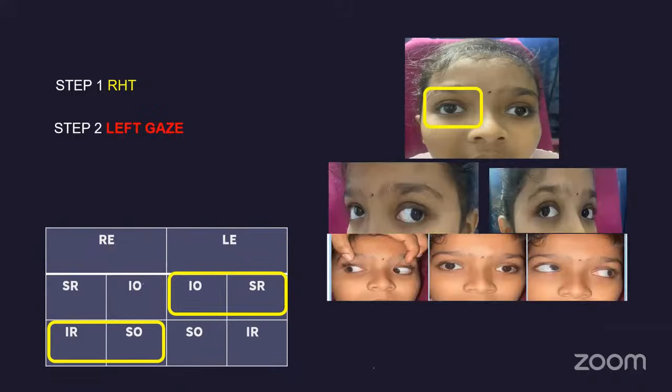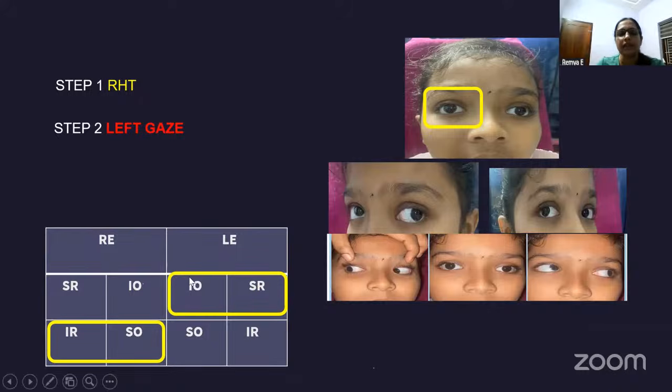Now left gaze. Which muscles are acting in left gaze? Obliques and recti. In left gaze, the left eye will be in abduction and the right eye will be in adduction, isn't it?